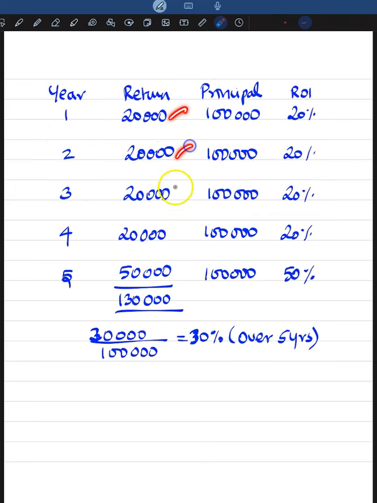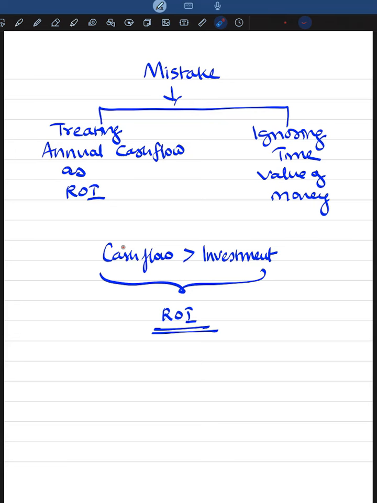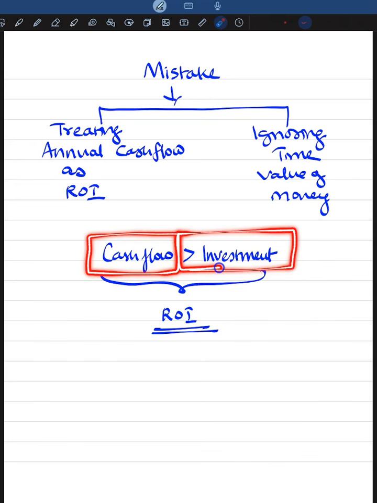He treated all the 20,000 in year 1, 2, 3, 4 on equal footing and expressed them as 20%, but actually the value of 20,000 received in year 2, 3, 4 keeps going down because the money is losing its value because of passage of time. So understand one thing, only when the sum of cash flow exceeds the investment amount, then only the business will start generating return on investment.